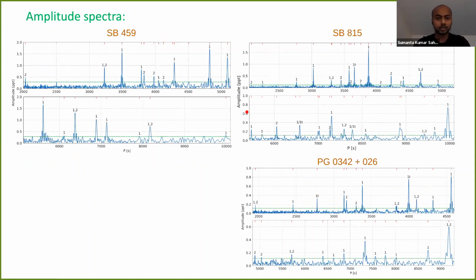Coming to the results of our targets, I have plotted here the amplitude spectra for the 3 targets, and we assigned the L values, or modal degrees, to each peak. For L equal to 1, the period spacing is always nearly equal to 250, and for L equal to 2 it is nearly equal to 145.